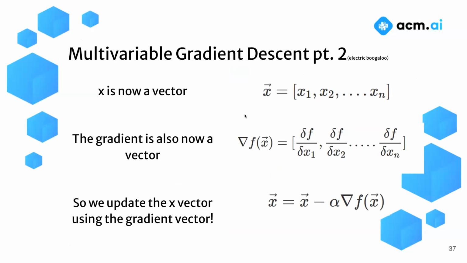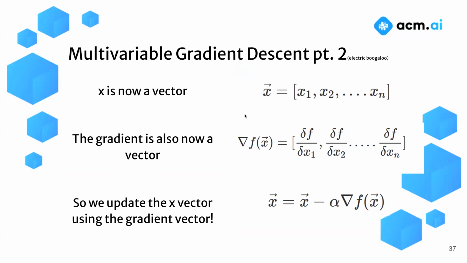In the NumPy section, there is this entire vector notation where we're using matrices. That comes back here just to make some notation much easier. But x is now a vector, so we have x1 through x sub n. And our gradient is also now a vector, similar to what we were talking about before. We're taking the partial derivative with respect to each of those variables.